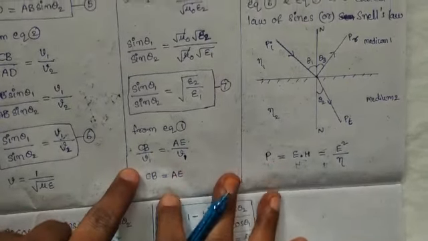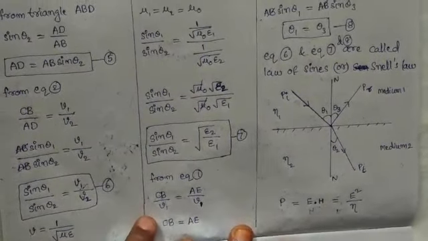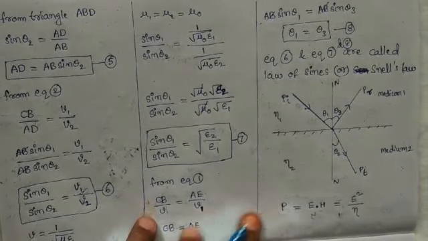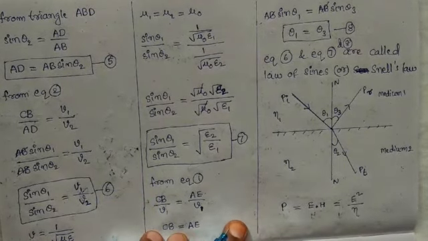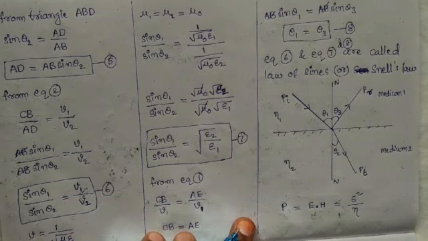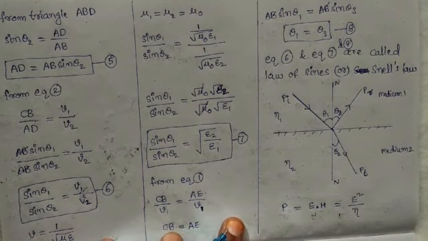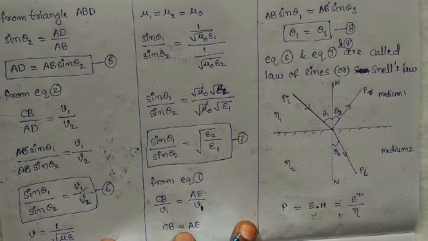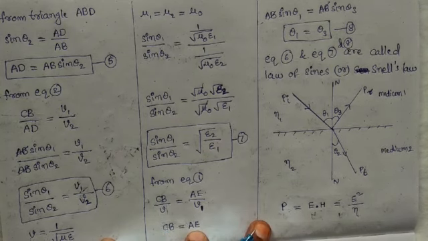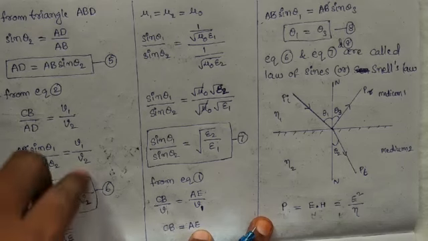Here CB is equal to AE it is. This means the distance traveled by the incident wave is same as the distance traveled by the reflected wave it is.